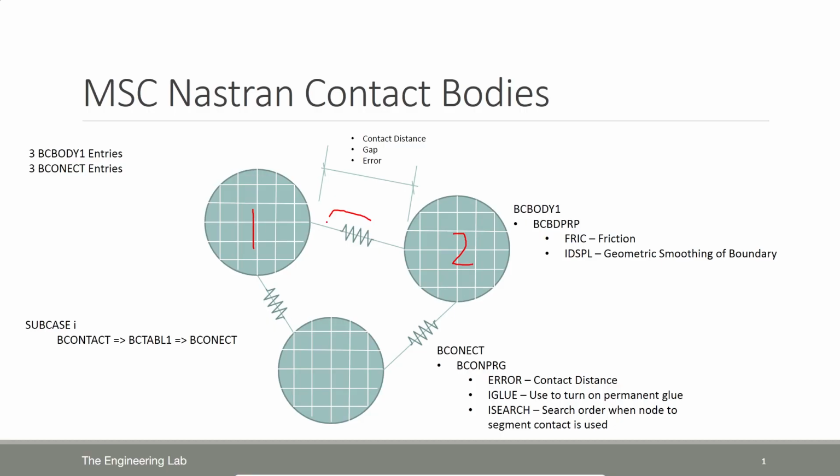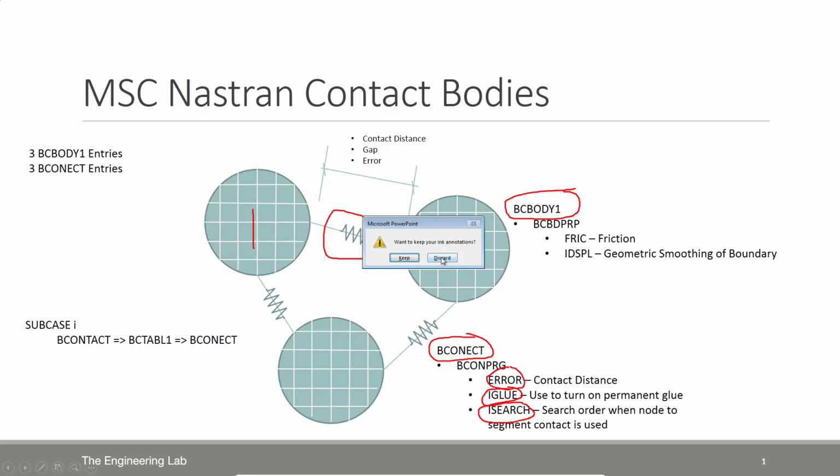And then we defined a contact interaction, a contact pair, and we did this with BCBODY1 to define the contact bodies, and then BCONNECT to define the contact interaction. And then we played with a few options. We played with the iSearch option. We played with the iGlue option. We played with the error option also.